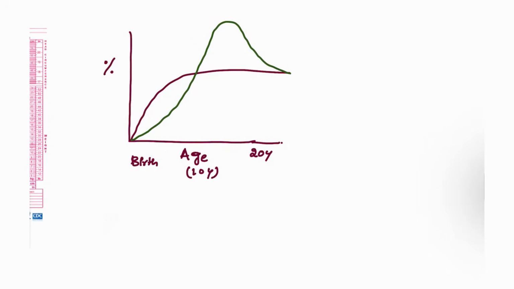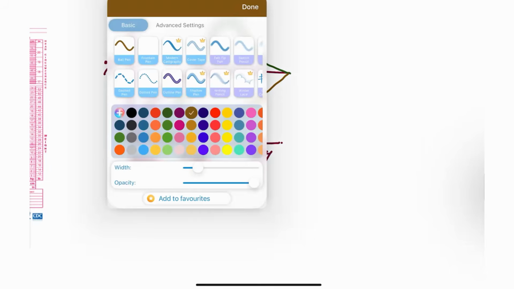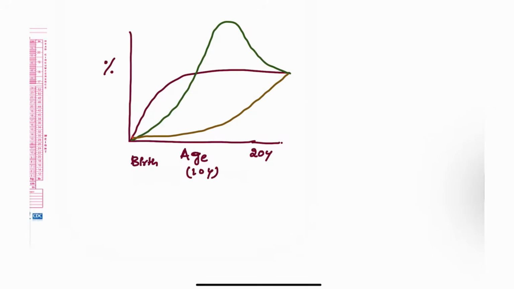Gonadal growth is also going to increase after puberty. What about the normal somatic growth? Somatic growth will be achieved in the babies after the age of 10 only. After 10 years of age you are going to see this. This is how the normal patterns of growth will be seen.